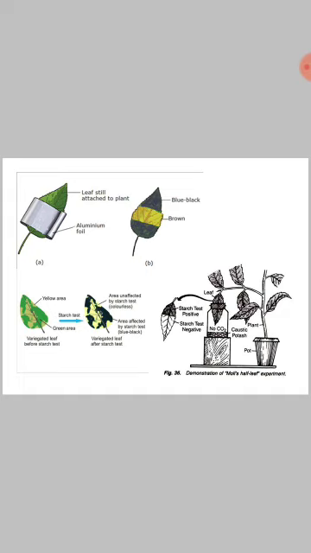So the part of the leaf that is inside the jar cannot get carbon dioxide from the air. Now we test whether, without carbon dioxide, the plant can produce carbohydrate or not.